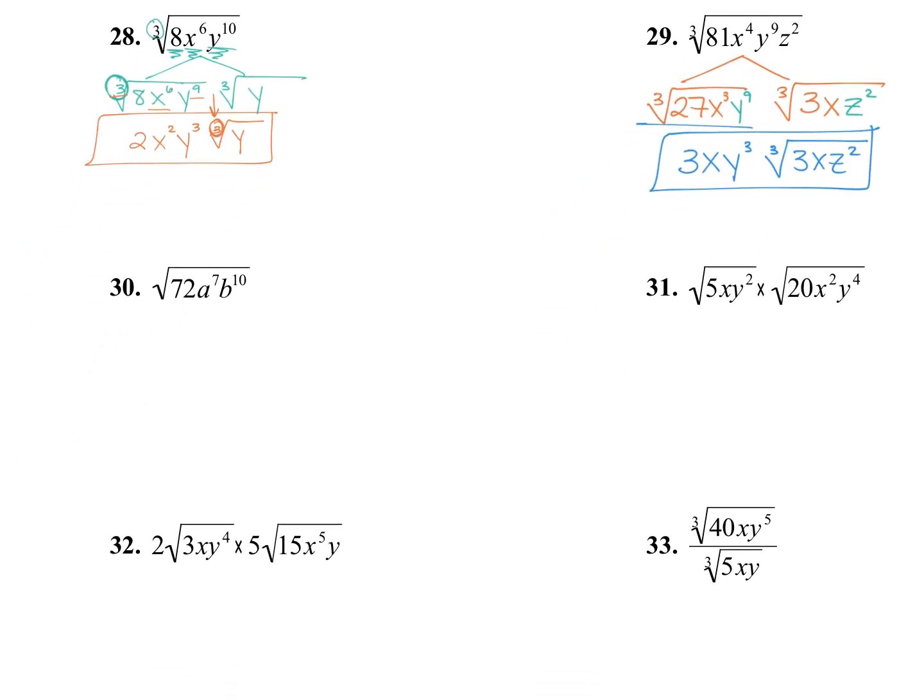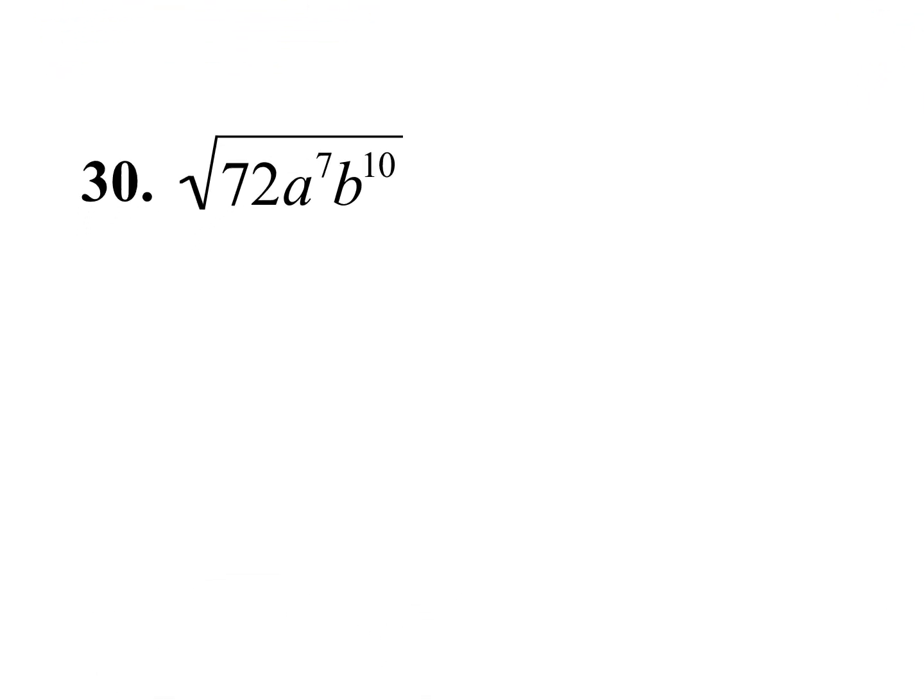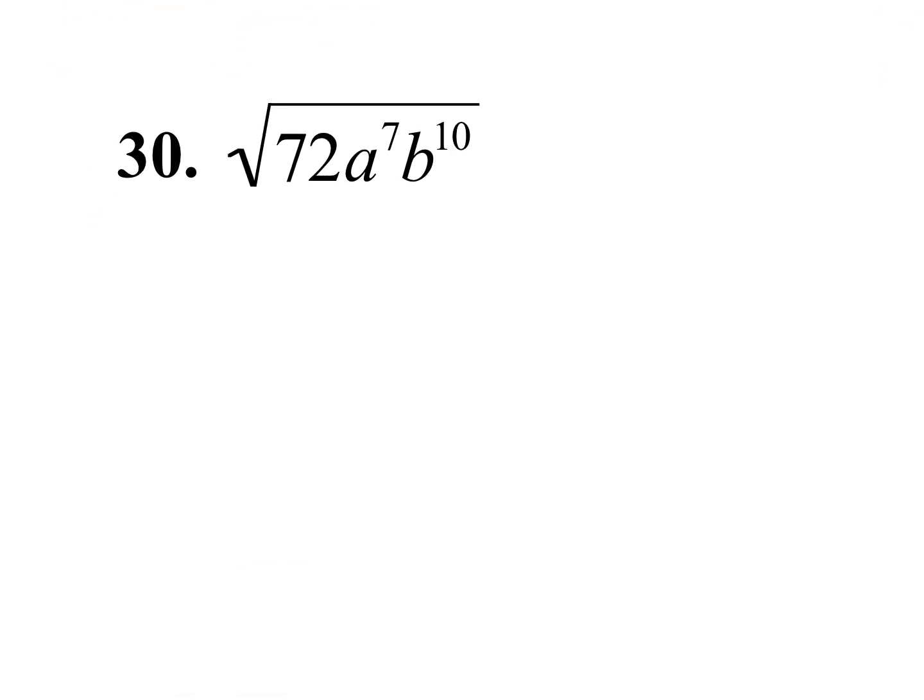Okay, number 30. Is 72 a perfect square? No. So you got to figure out what perfect square 72 is divisible by. 8 and 9 would work, but you'd have more breaking down. 36 and 2 is the best option.